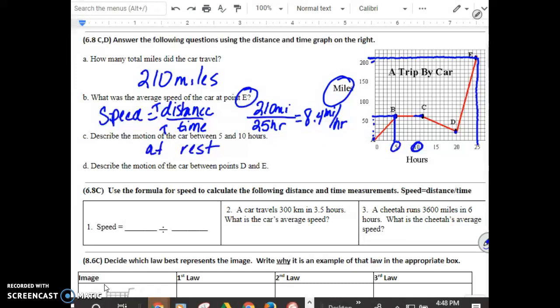On a distance time graph, when we see a straight line, that it's not a flat line, a straight line, we know that equals constant speed, which means the object was not changing its speed or direction. It was going a constant speed and a constant direction.